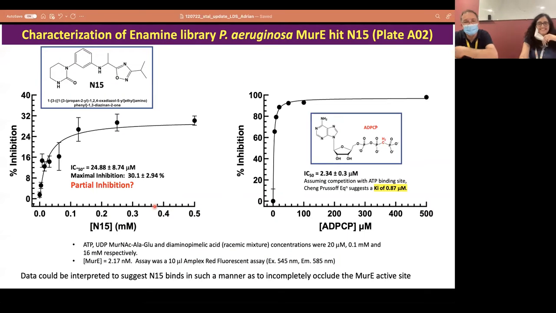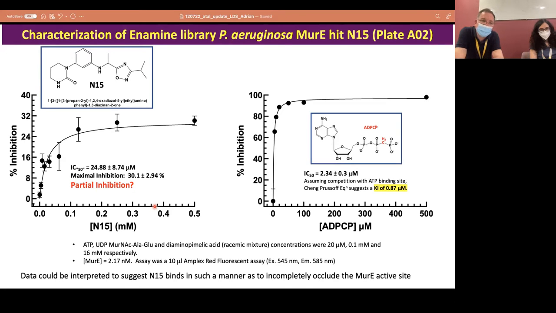Okay, so this will be fairly quick. This essentially is finishing off a section of work which I gave the presentation about last time. This concerns Pseudomonas aeruginosa MurE and hit number N15 from the Enamine library, which singly targets MurE.